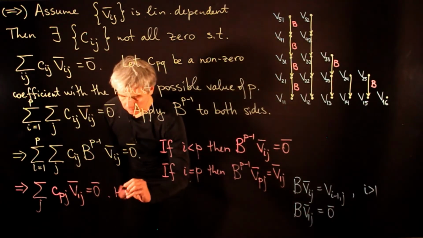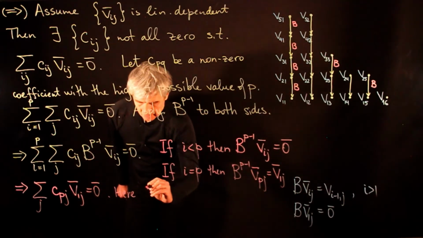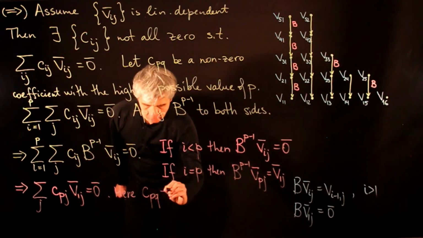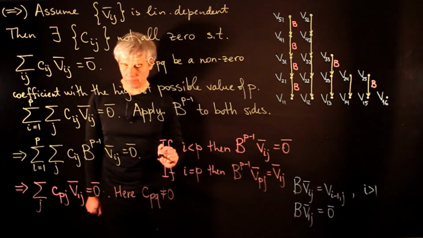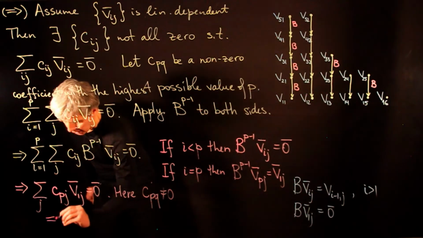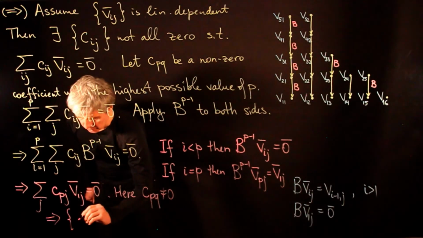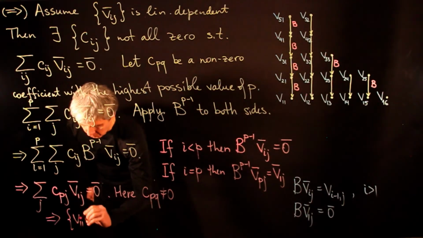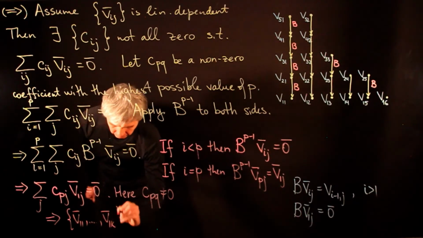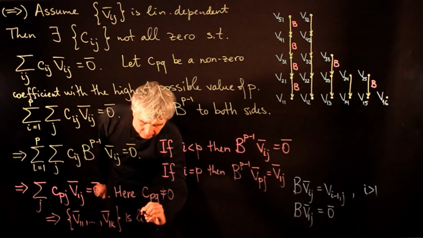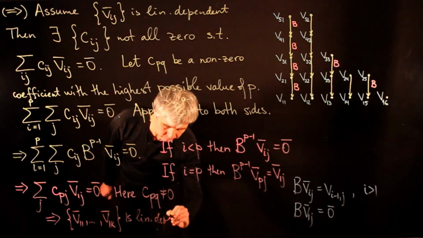But here, the coefficient C_pq is not equal to 0 by our choice of this coefficient. And this implies that the set of vectors at the bottom, V_11 through V_1k, is linearly dependent.